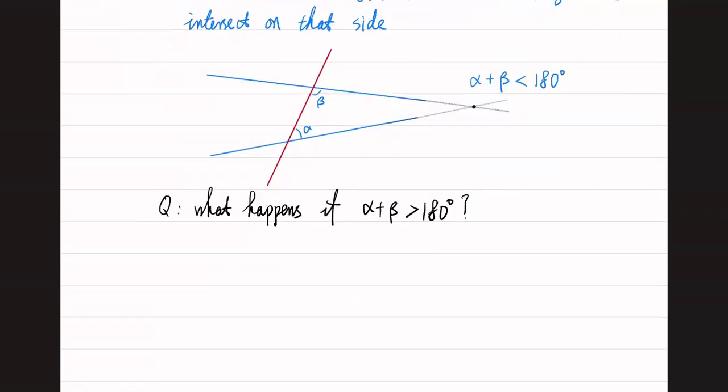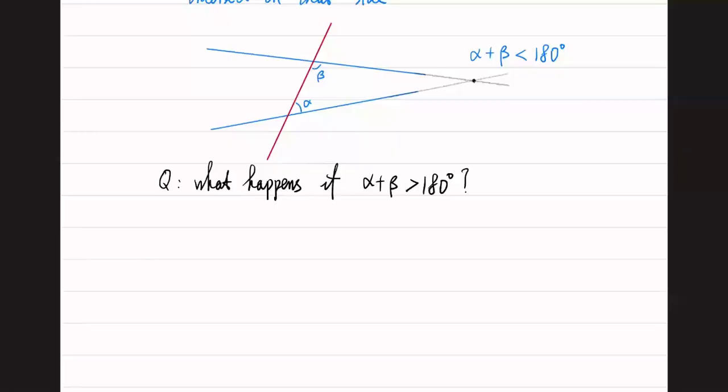Okay, so one way to view this is we consider the supplementary angles. Let me draw a different picture. Not the color, emphasize the difference. Oh, wait, yes, they would just intersect on the other side, right?